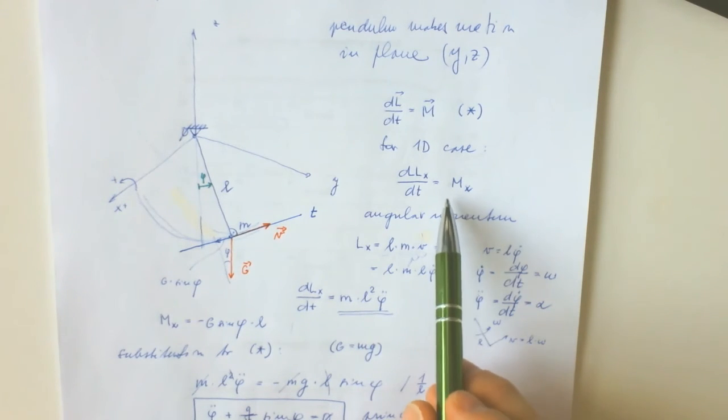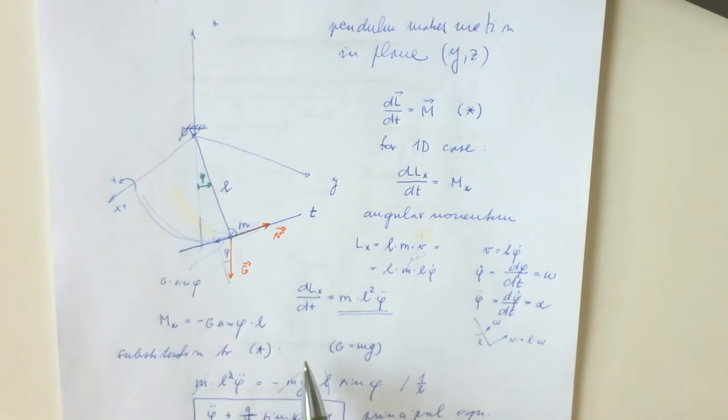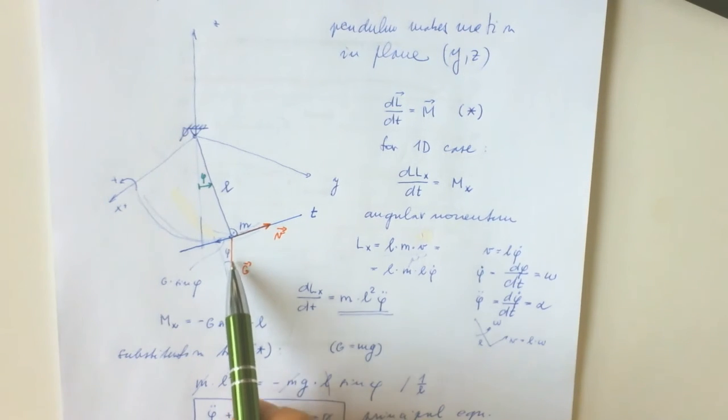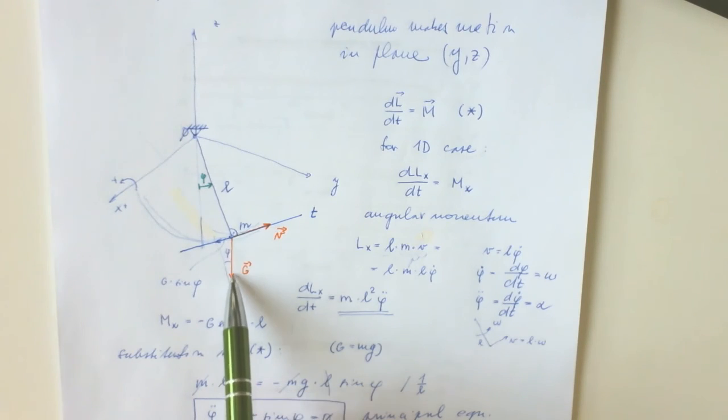And next we need to define the moment of external forces around the x-axis. This is caused by the only external force, so there is a tangent component of the g-force.